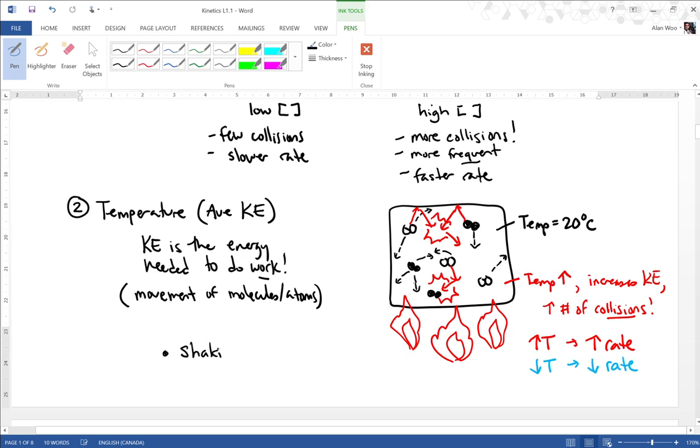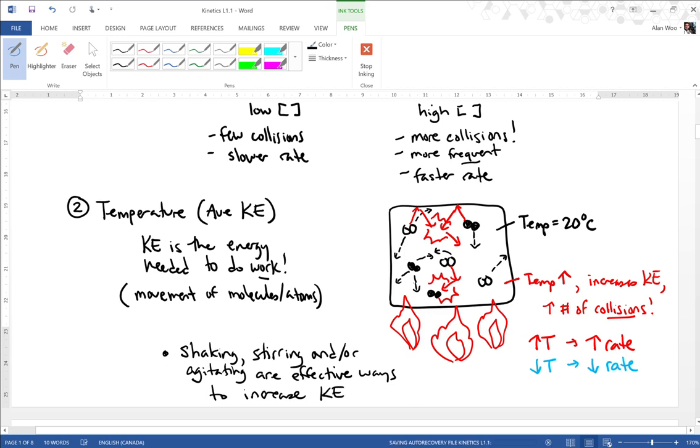Shaking, stirring, and or agitating are all effective ways to increase kinetic energy.